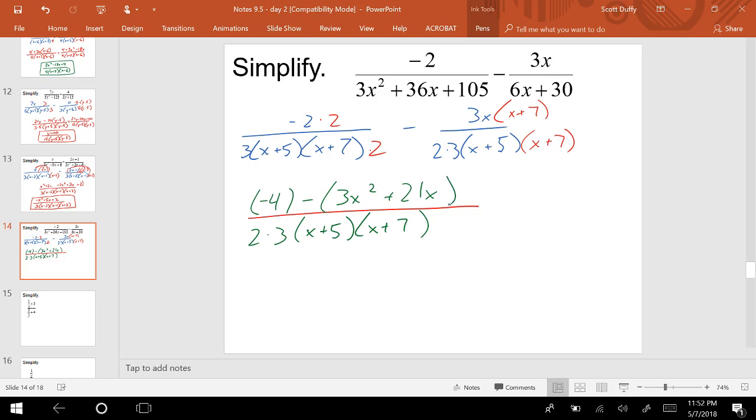Now, just as I did before, I thought of this negative as applying to both terms on the inside of this parentheses. So I apply it, and this becomes a negative 3x squared and a negative 21x. And then we have that negative 4, which doesn't need the parentheses anymore.